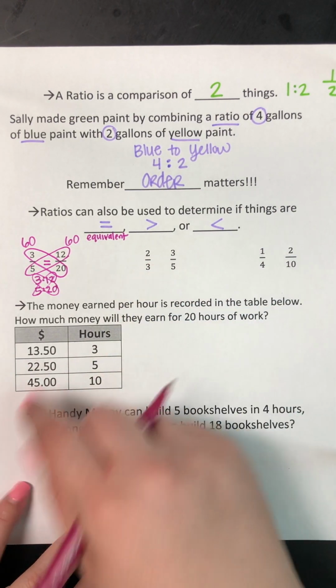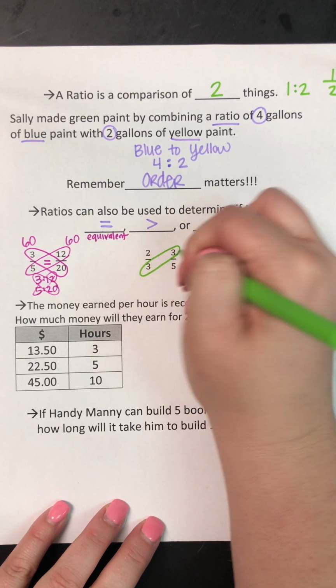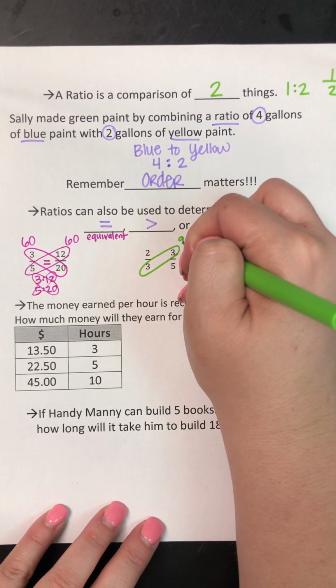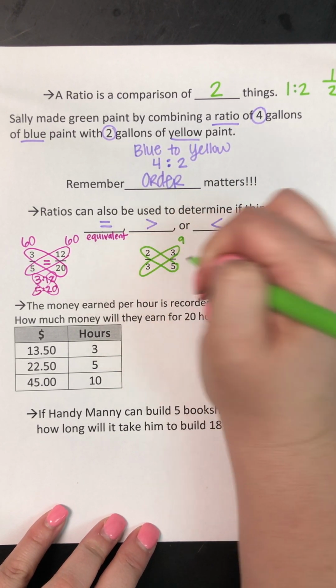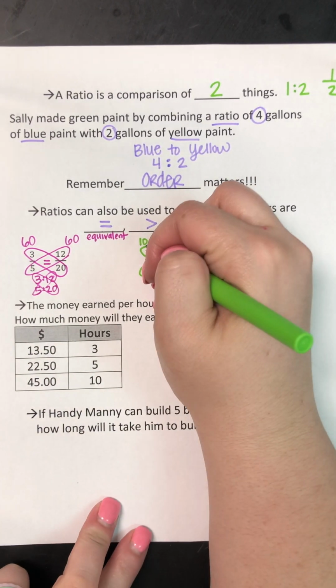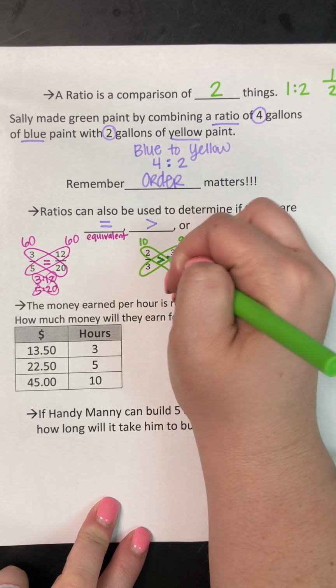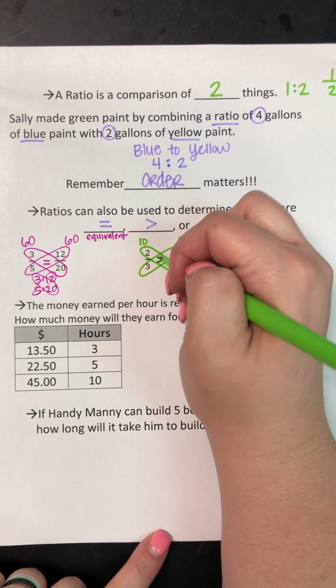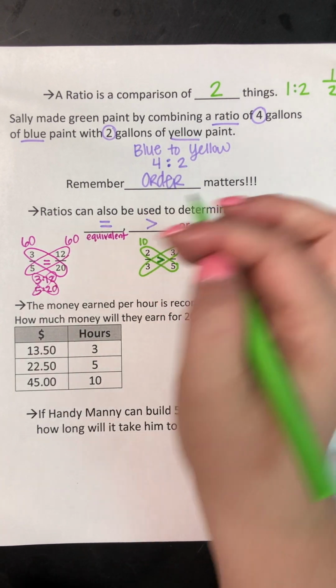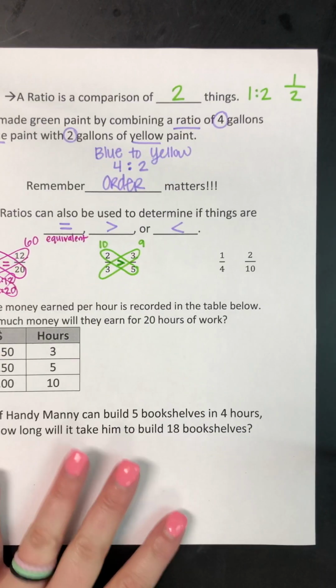Let's see about these two. For this one, we multiply corner to corner. 3 times 3 is 9. 5 times 2 is 10. So these are not equivalent. 10 is greater than 9, so this fraction is greater than this fraction. And again, your Pac-Man is going to eat the larger fraction. Try the last one.